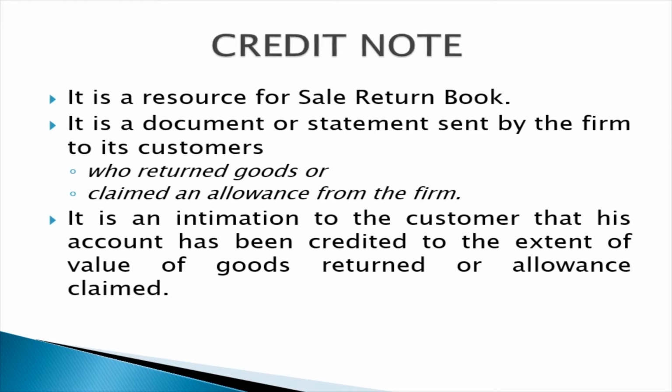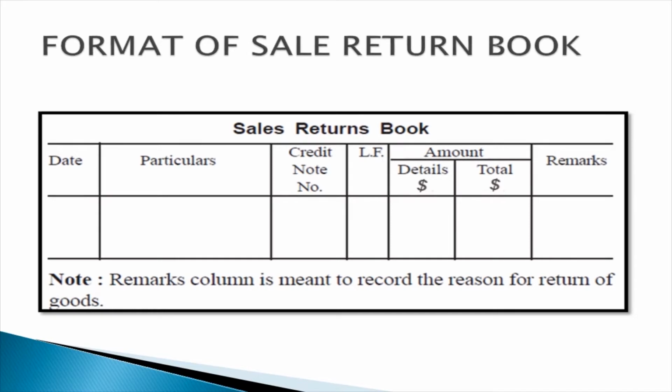It contains description of goods returned, name, place of supplier, etc. On your screen, you can see the format of sales return book. You can find the format is similar to the purchase returns book, but the basic difference is there we mentioned debit note number, and in this case we will mention credit note number.